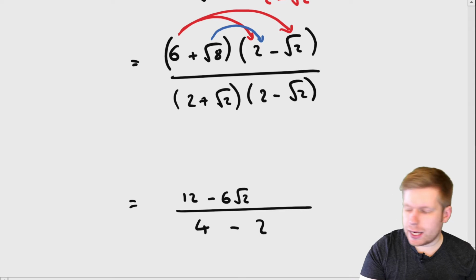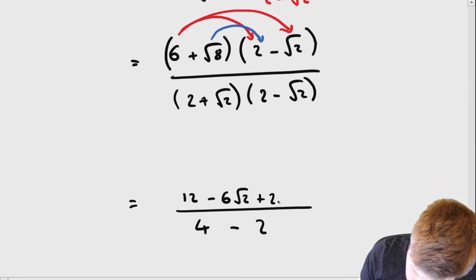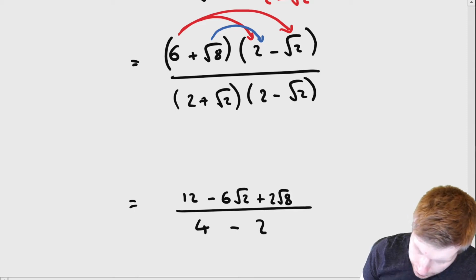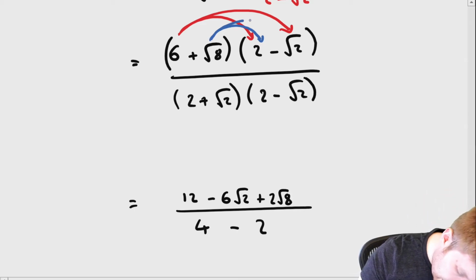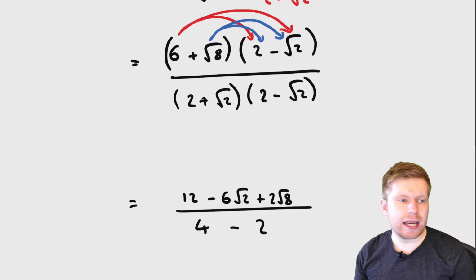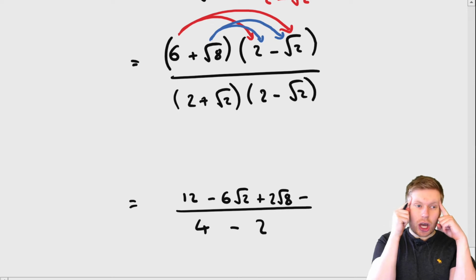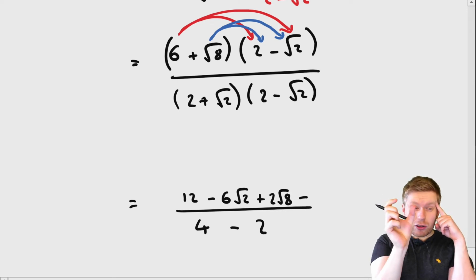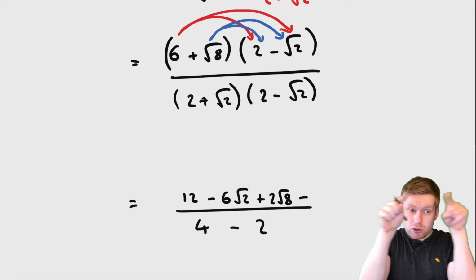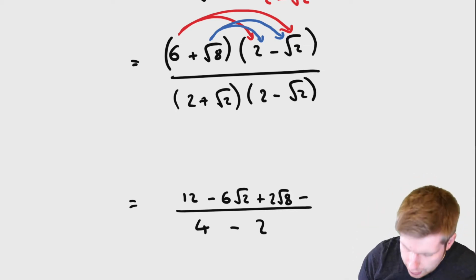So positive root 8 multiplied by positive 2 will give you positive 2 root 8. And then finally this root 8 has to meet up with this negative root 2. So positive root 8 multiplied by negative root 2 becomes negative, and we just end up with the root 8 times the root 2. That means I can multiply the 2 things underneath the square roots together because they're both square roots. So I end up with root of 8 times 2, which is root 16.